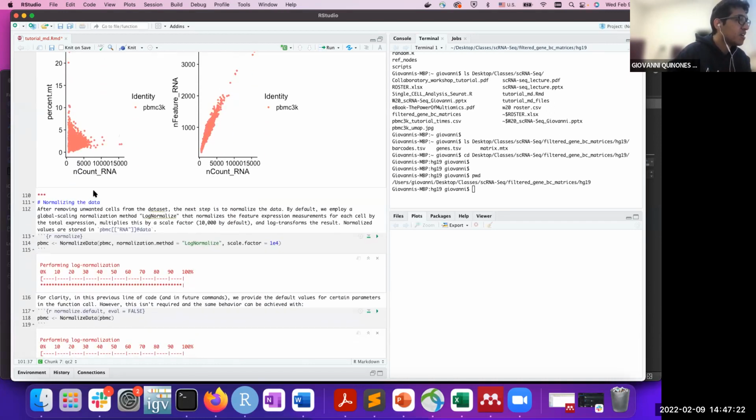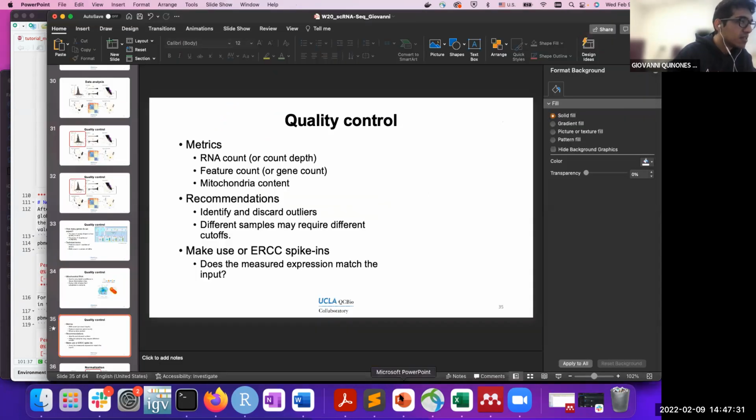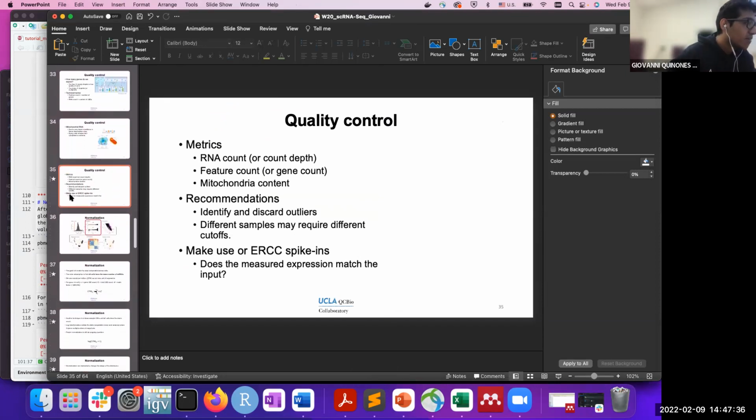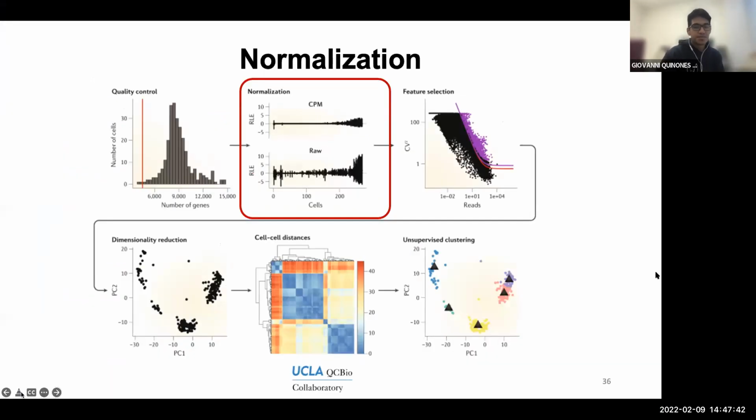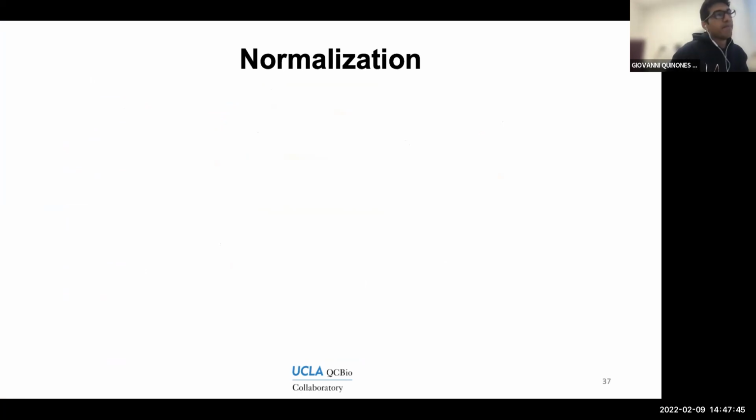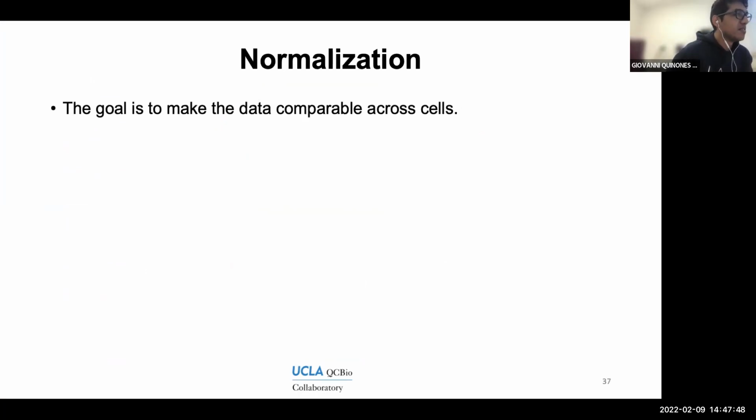And then the next part of our analysis would be to normalize the data. For this, we're going to jump back to our slides, and we're going to learn some theory about data normalization. Data normalization in general means you want to transform the values with the purpose of making them comparable across two different samples, or in our case, across two different cells.